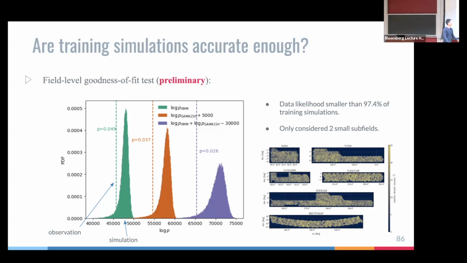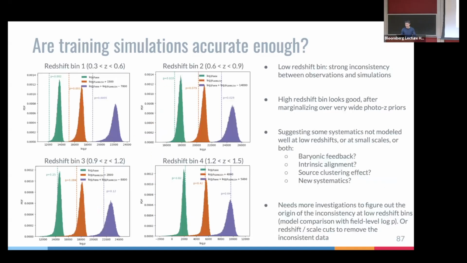I haven't finished all the subfields, so I only have two subfields, but even using these two, you can already see that the observation doesn't really agree with our simulations, which is a really big problem. To figure out what's going on, we also tried doing this at different redshift bins.